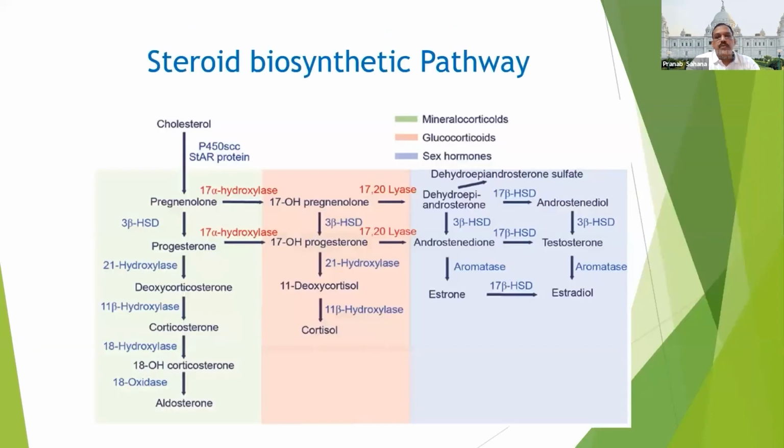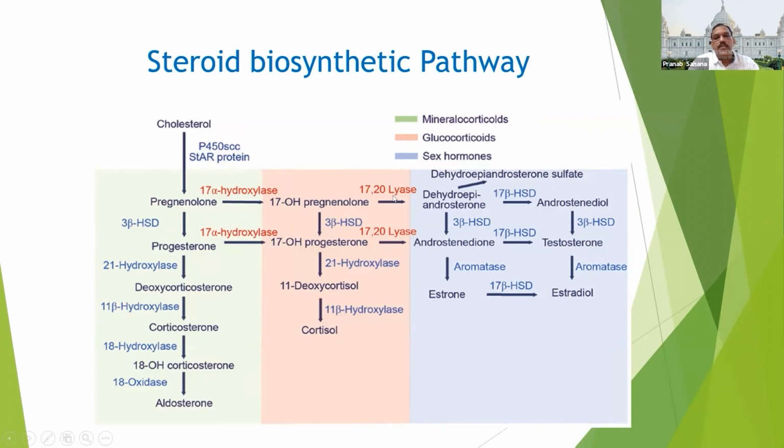Now, before we go into the different biosynthetic pathway which leads to XY DSD, we must just look into the figure of how steroid biosynthesis takes place in gonads and adrenals. So we can see that from cholesterol by help of StAR and P450 side chain cleavage, there is pregnenolone and then progesterone. And another way is pregnenolone to 17-hydroxypregnenolone by 17-alpha hydroxylase.